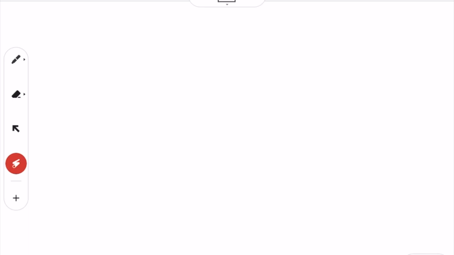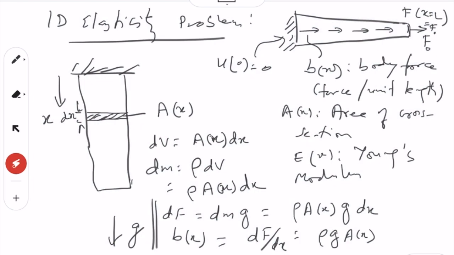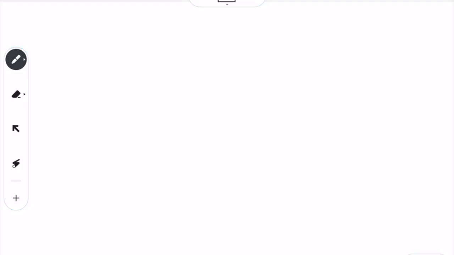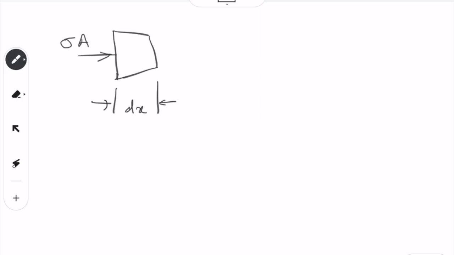For the same problem, we take a slice from somewhere, and the slice will look like this. Let us say its width is dx. Then there will be a sigma here. In fact, we can write sigma times A, which is the force here, where sigma is the normal stress.